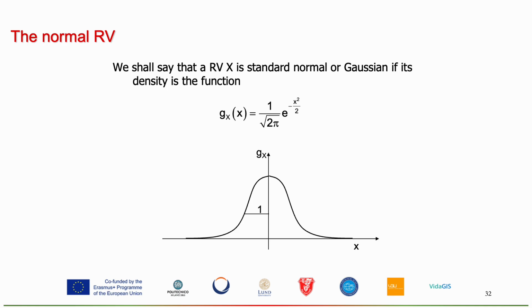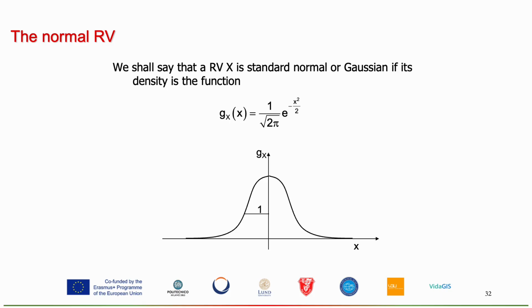Now, a very important random variable, because it is used to describe measurement errors in statistics applied to observations. A random variable is distributed according to a Gaussian or standardized normal distribution when its density function is given by the formula you can read there.